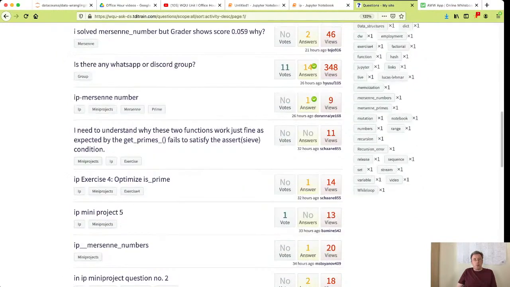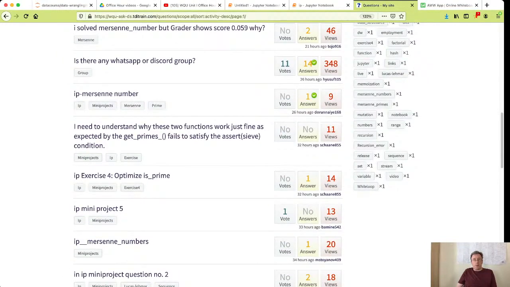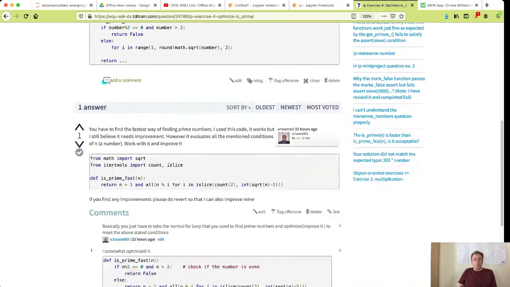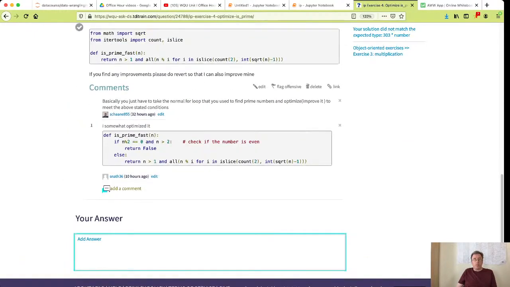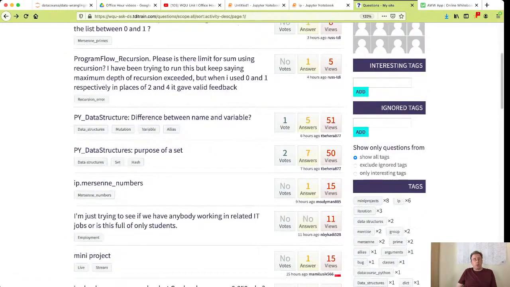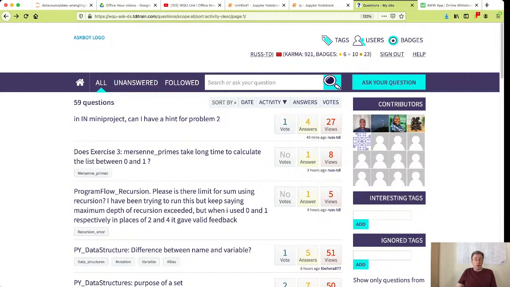I think it might have been this one here. Someone wrote another function in one of these questions. I can't remember who wrote it and the name of the question.